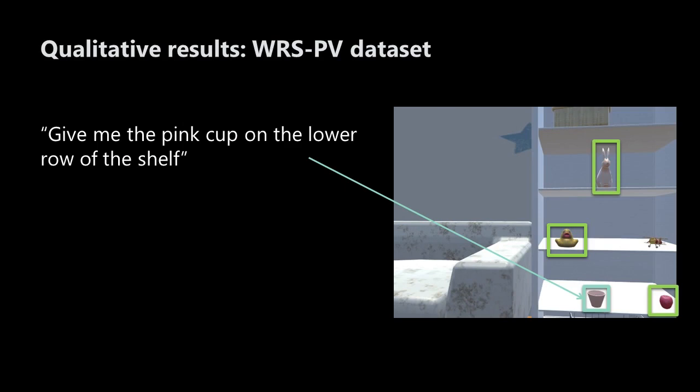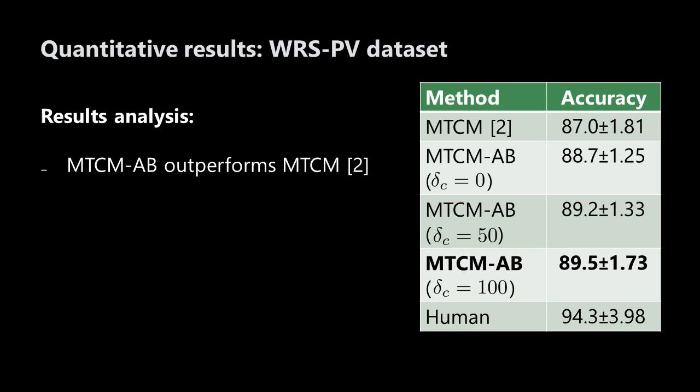A second set of experiments was conducted considering synthetic data from a photorealistic simulator. The images were collected from an emulated domestic service robot in a home environment. The accuracy results were also consistent with the first experiment.